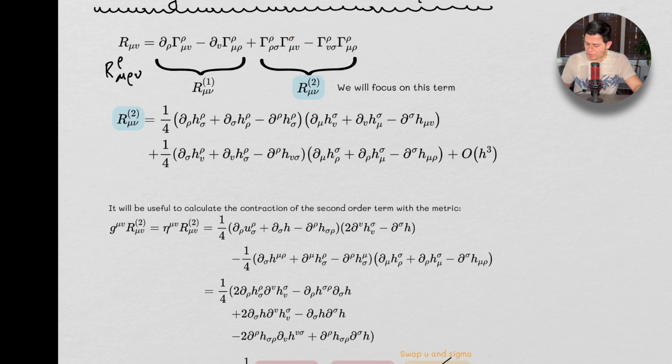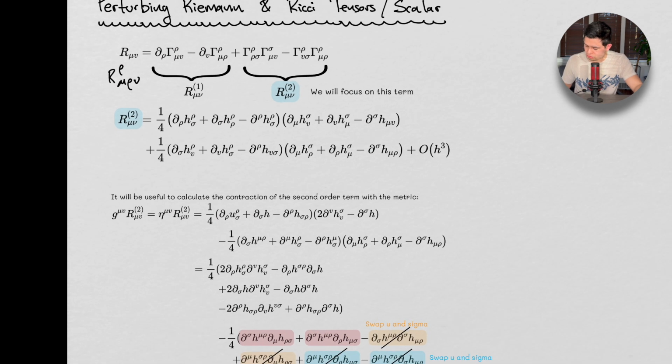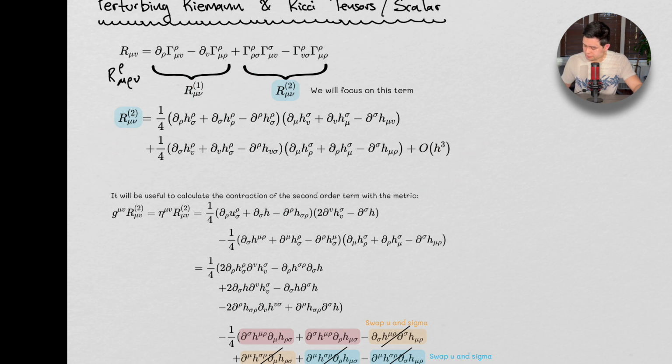If you take a look at what the Riemann curvature tensor looks like, you'll understand why we have a lot of rhos here, right? Because we're identifying that this here is the Ricci tensor, right? It's a contraction of the Riemann curvature tensor. So when we do that contraction, this is what we get, okay?